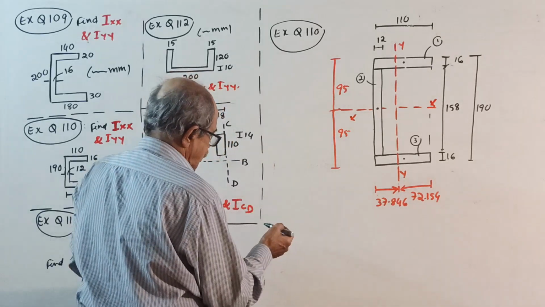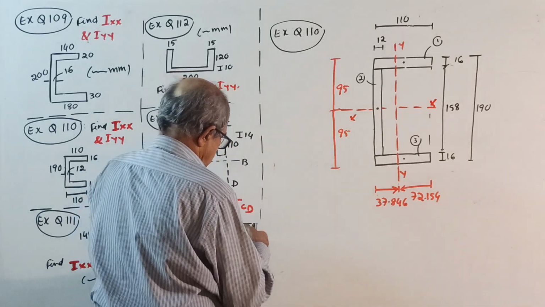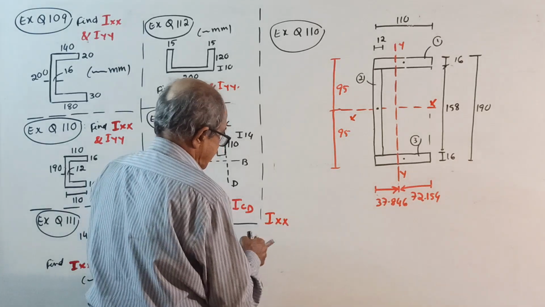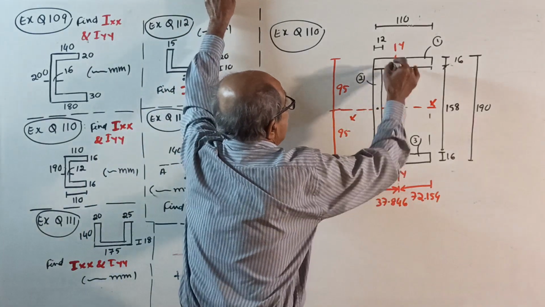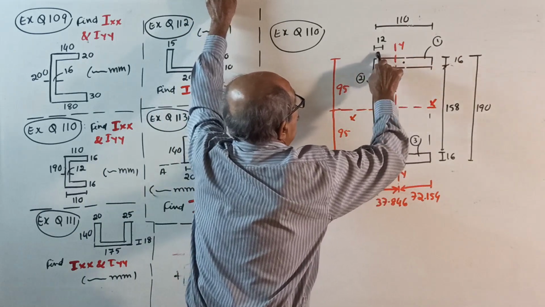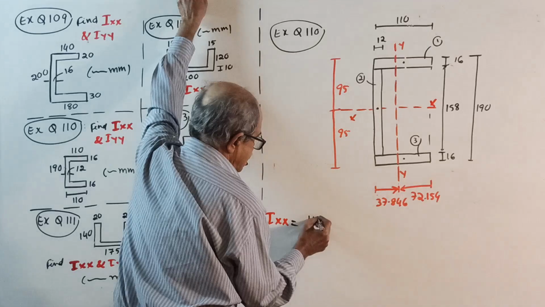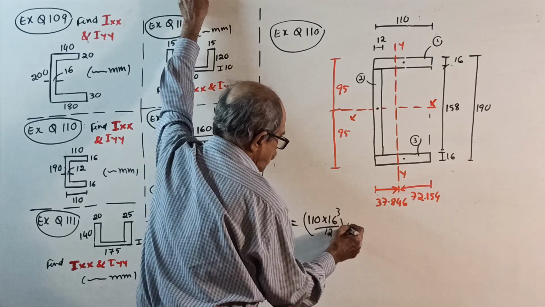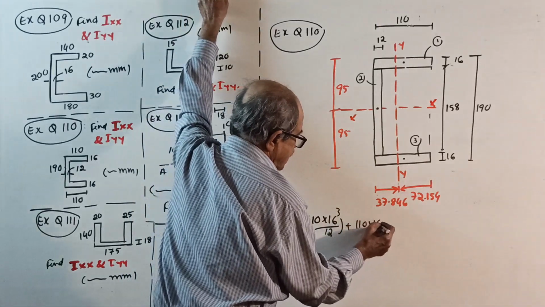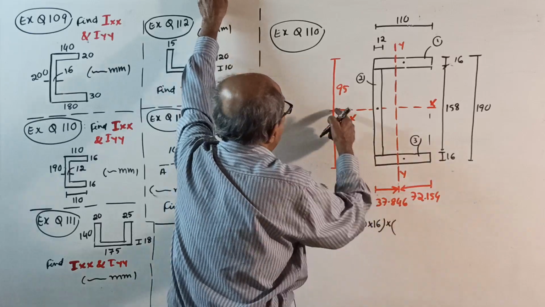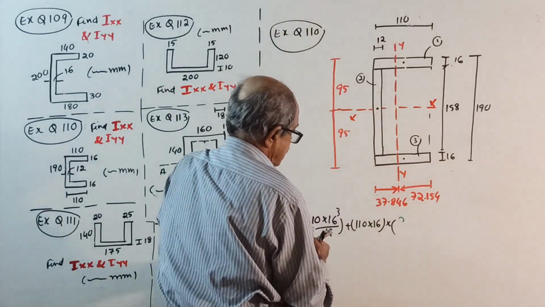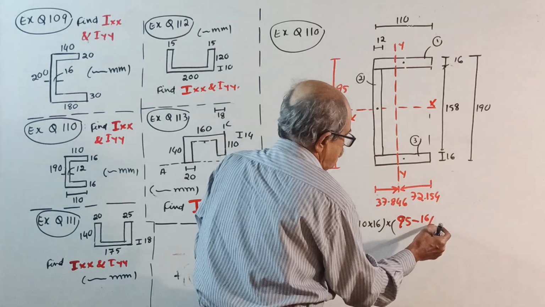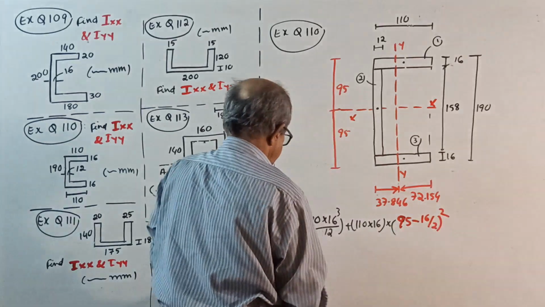Now IXX. See correctly what I am doing. First of all, IXX. I am doing for 1 now: 110 into 16 cube by 12, that is 110 into 16 cube divided by 12 IG, plus the area, 110 into 16, into (95 minus 16 by 2) whole square.